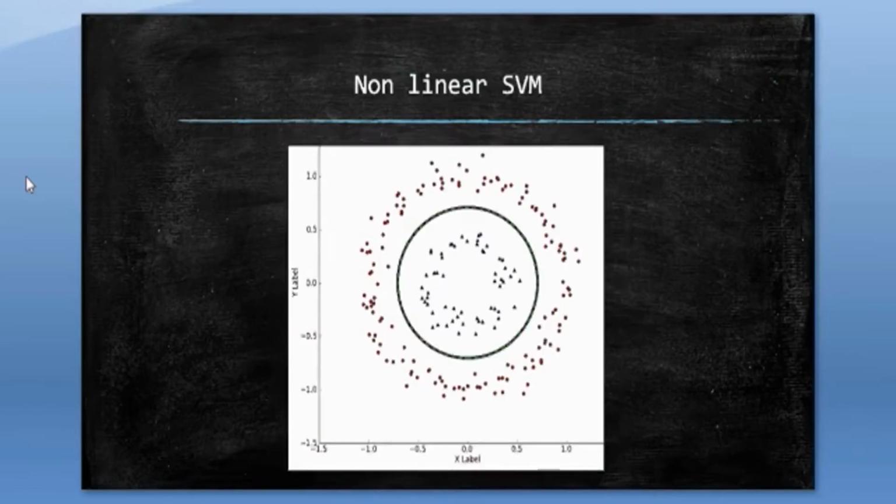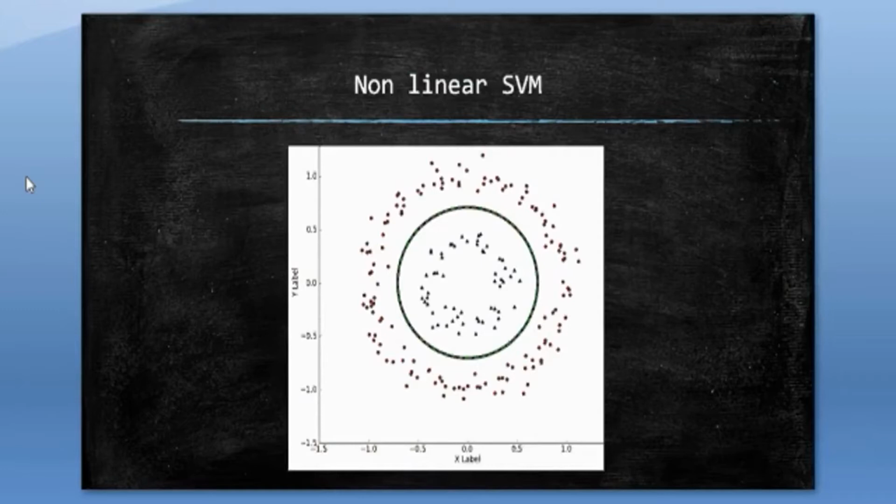The most reasonable and efficient solution is to draw a circle between the two classes. So there are cases where we will need to use non-linear SVM to solve our problem. We can draw a circle, a rectangle, any shape that is non-linear.